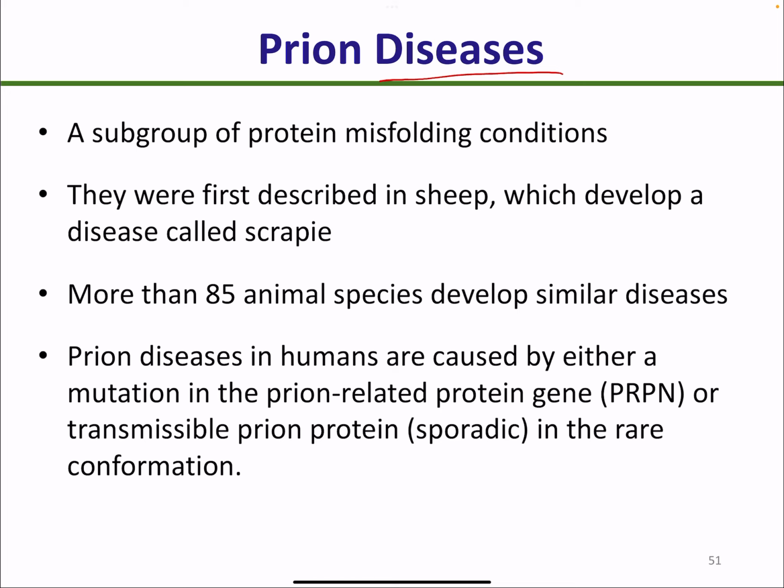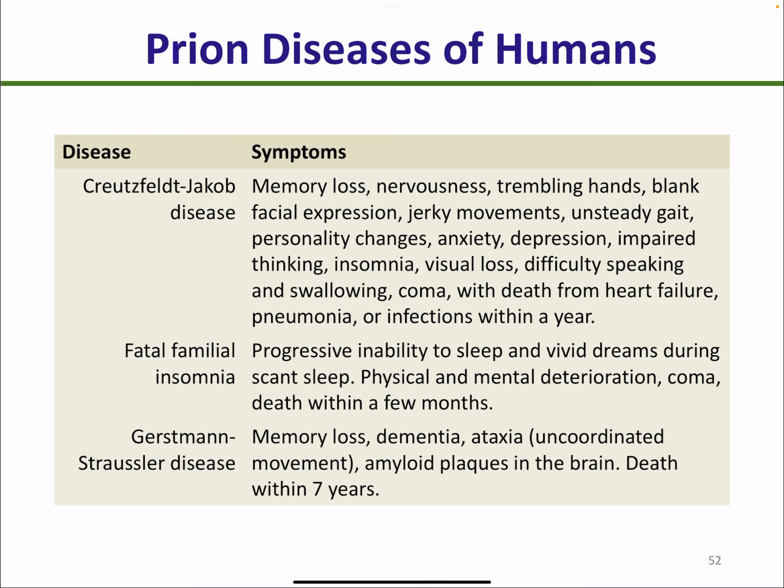And these neurodegenerative diseases are associated with mutations that cause misfolding, and when one protein gets misfolded, the scrappy protein, then it's going to trigger the misfolding of a number of other proteins that clutter the central nervous system and cause neurodegeneration.